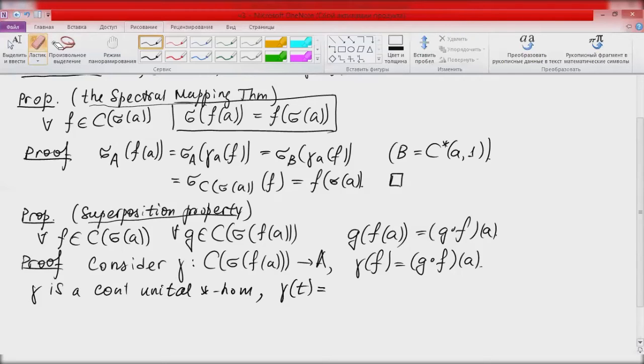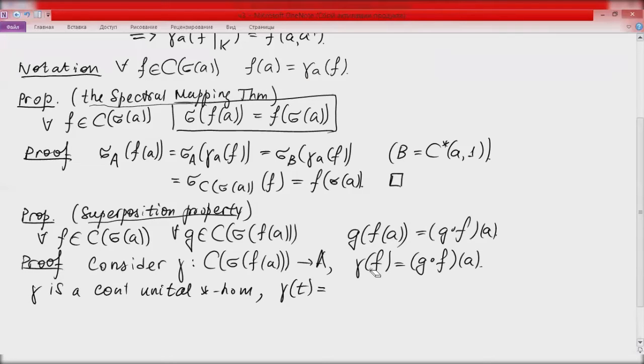Of course, this is gamma of g, because f is already fixed, and g is a continuous function on sigma of f of A. So gamma of g is g composed with f applied to A. So what is gamma of t? Well, this is t composed with f and applied to A. Of course, t composed with f is just f, so this is f of A.